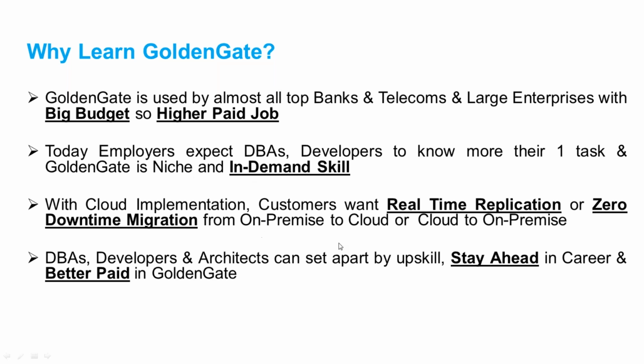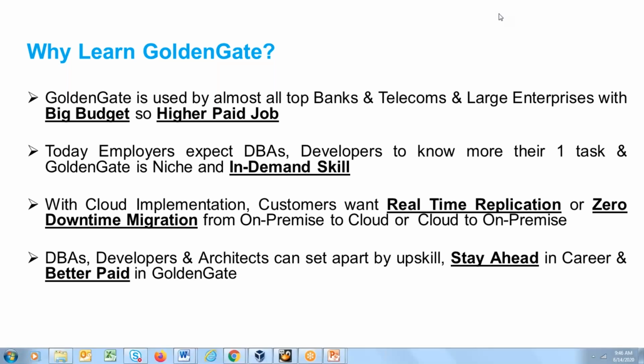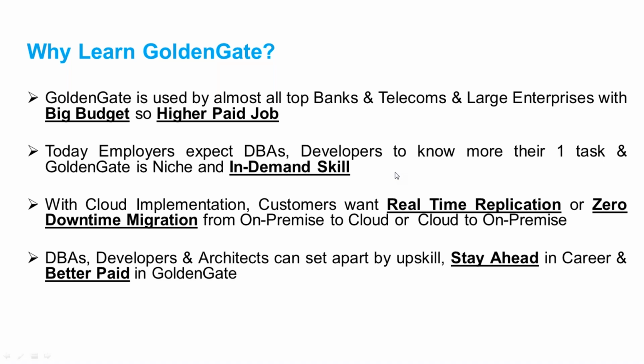With cloud implementation, as I was mentioning, customers want real-time replication or zero downtime migration from on-prem to cloud or cloud to on-prem. One of the major advantages of Golden Gate is that it supports zero downtime upgradation and migration.